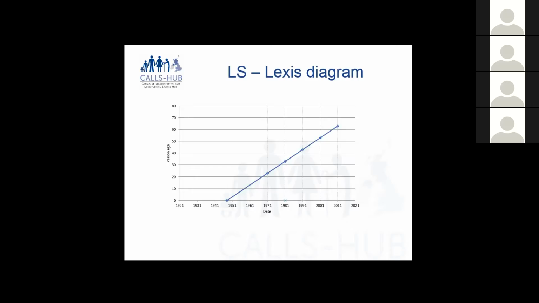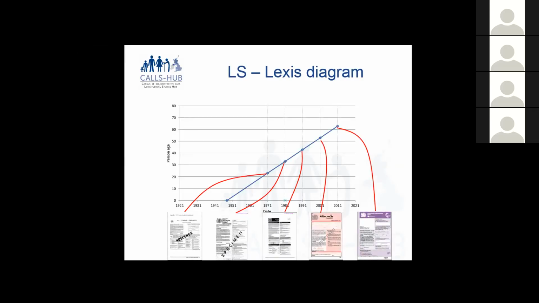And this person is in the ONS longitudinal study, so we can see the first time that they were recorded in the census, the first time the census was included in that particular longitudinal study, was 1971. So every 10 years we have information from the censuses on that person's circumstances and how they evolve over time. But what we also have is the dates at which key events happened in this person's life. So this might be marriage, it might be from birth certificates, for example.